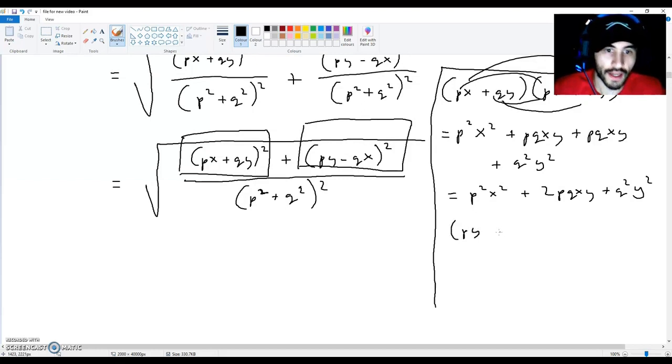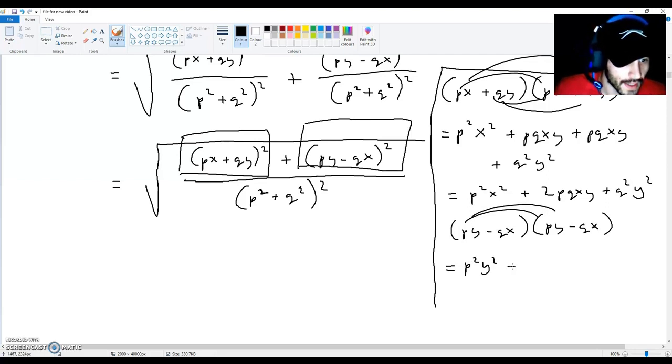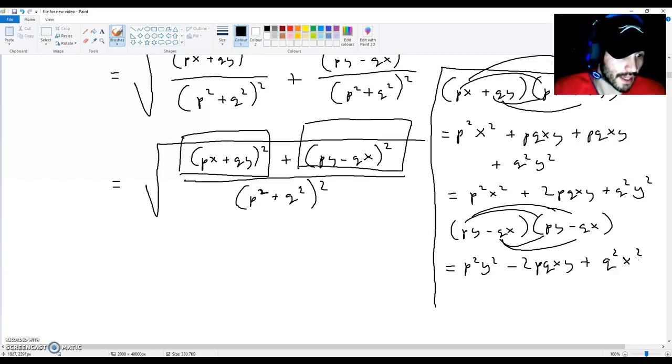So (py minus qx) multiplied by (py minus qx) will give you p squared y squared minus 2pqxy, because we get this minus pqxy over here as well, plus minus qx times minus qx, which gives us q squared x squared.